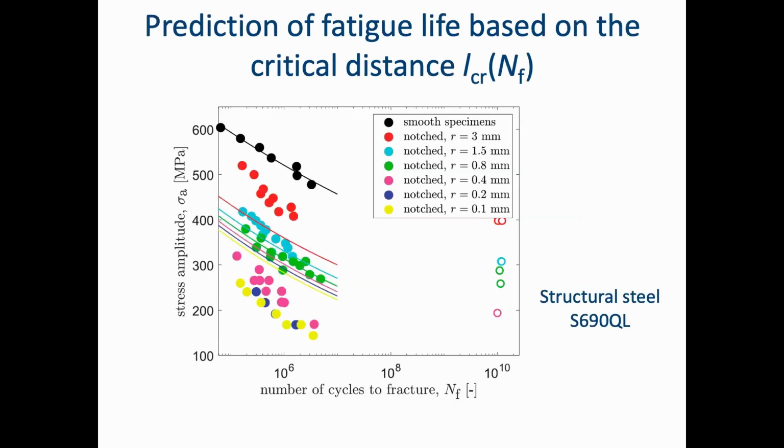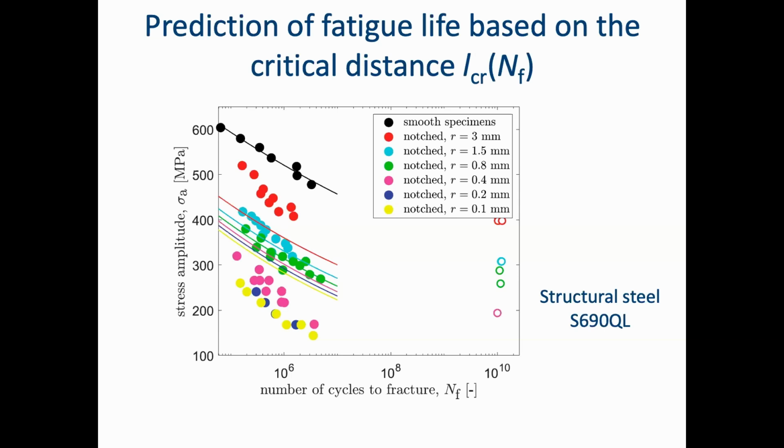How does it work? Not too well. You can see the predictions, which are the curves of particular notches, and the dots are still experimental data, and the predictions are not good for this case. These predictions are made from the green curve, so all these predictions are around the green dots.